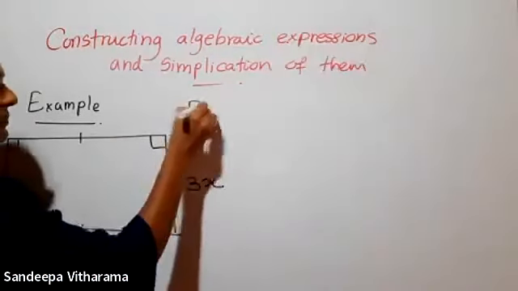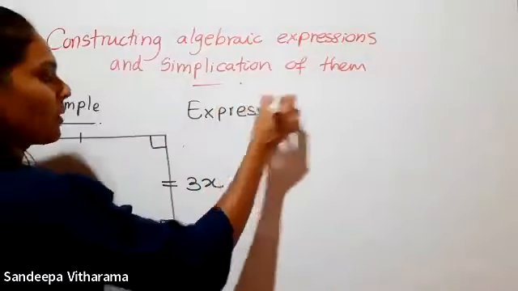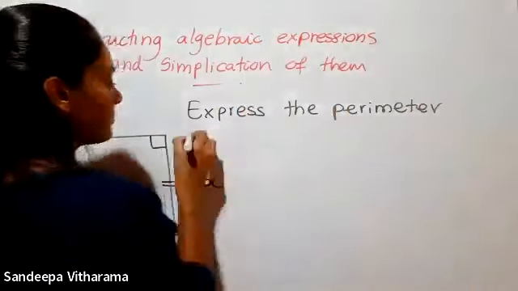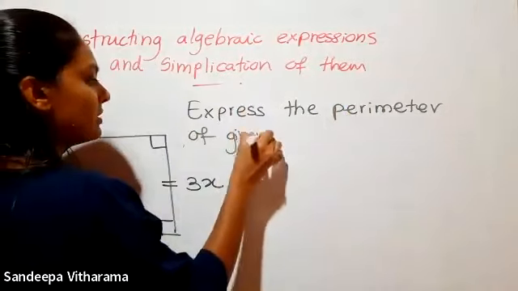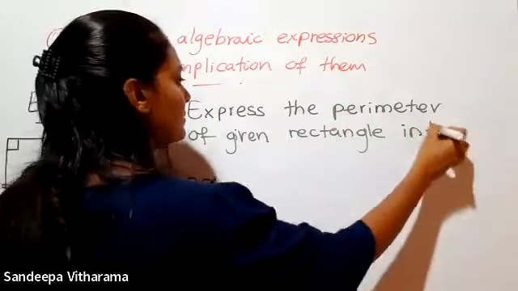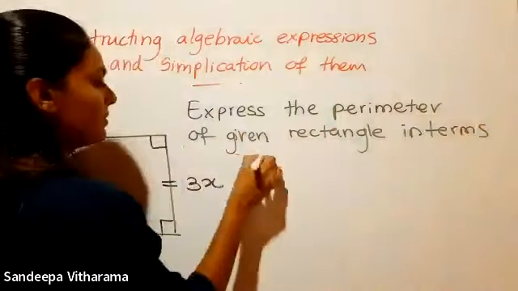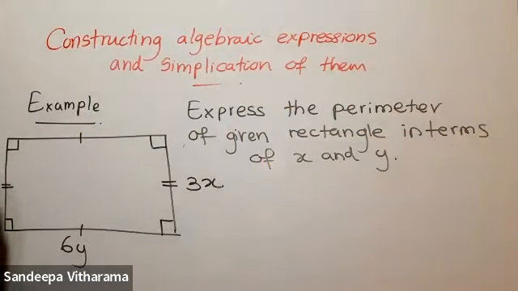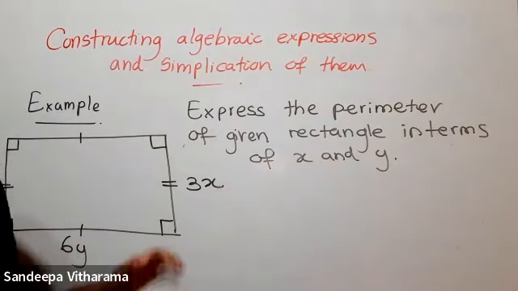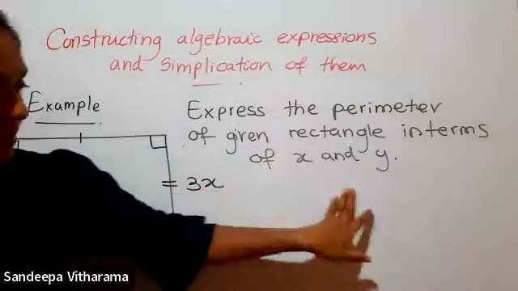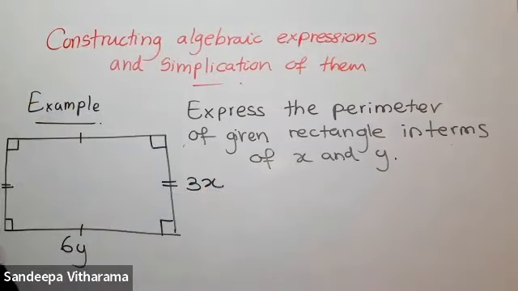Okay, you are asked to express the perimeter of the given rectangle in terms of x and y. What is meant by express the perimeter of the given rectangle in terms of x and y? That means you have to express it as an algebraic expression. Okay, try to do it by yourself.